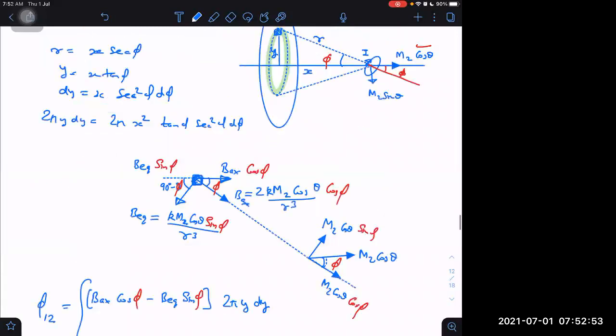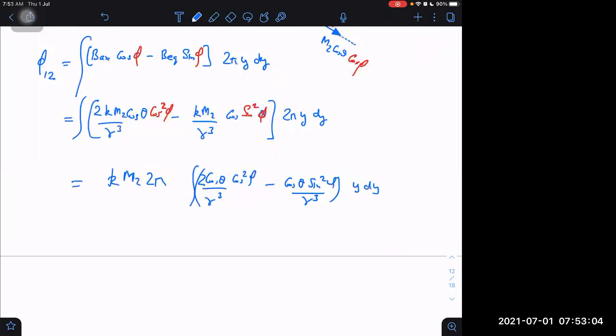Y equals x tan phi, so y dy is x square tan phi secant square phi d phi. And r cube in the denominator: r cube will be x cube secant cube phi. Numerator is 2 cos theta cos square phi minus cos theta sin square phi.